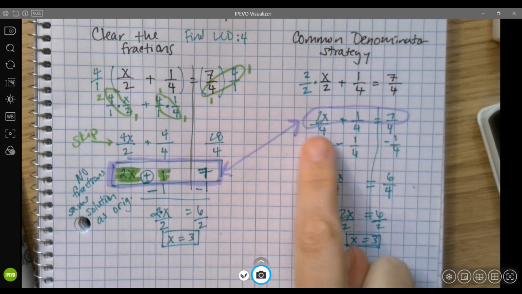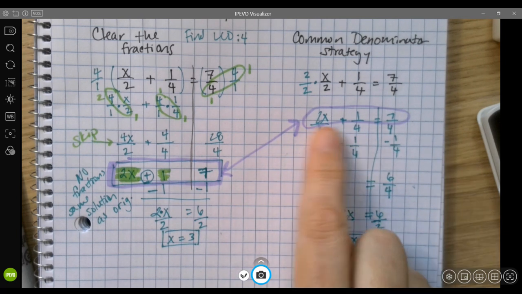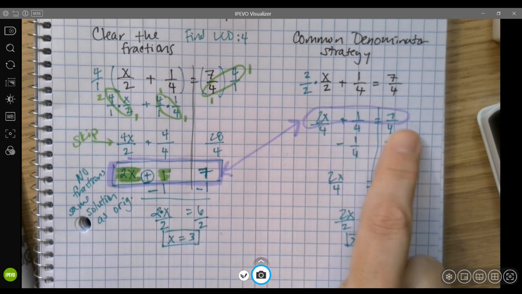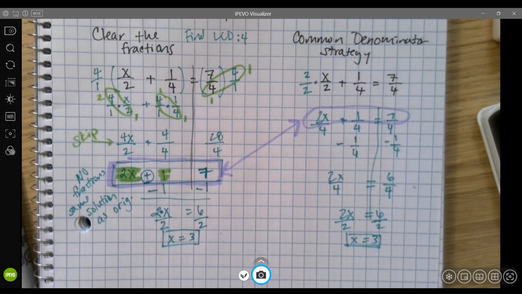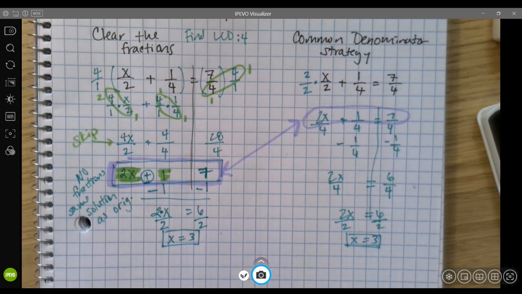If it's 2x divided by 4 plus 1 divided by 4, that's the same thing as 2x plus 1 together, and then divide that by 4. So 2x plus 1 together has to equal 7. So from here, you could just go straight to something like this. You can choose what makes sense to you. To verify, we got the same answer in both of those.